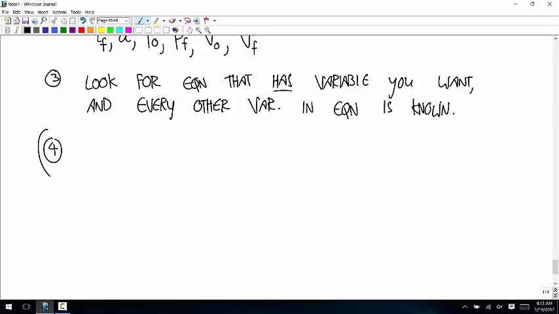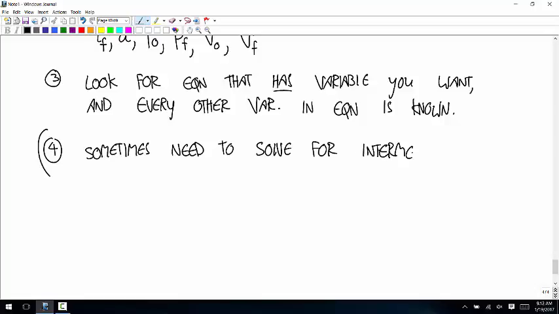And then now that's a known variable and you can go back and do this process again. So sometimes you need to solve for an intermediate variable before you can find the one you want.